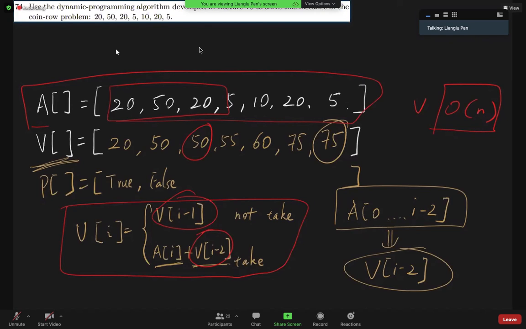Remember, what are the sub-problems here in our CoinRow problem? The original problem is, what is the maximum amount of money we can get from the sequence of these 7 coins? And one of the sub-problems is, if we only have the first coin, what's the amount of money you can get? And another sub-problem is, if we only have the first 2 coins, what is the best choice you can get? And so on.